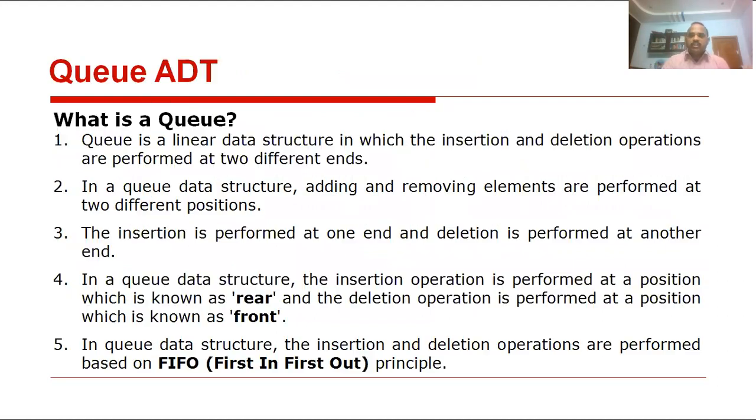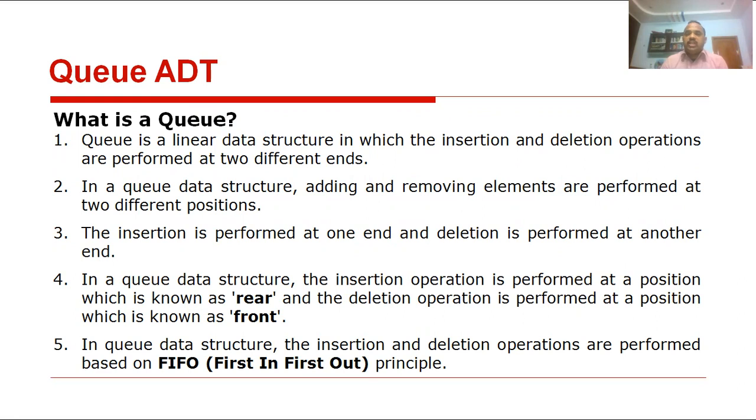Clear? Then the next one is, what is Queue ADT? So today's class, all of you clear? Come here, all of you. Today's class is queues. Simply, what is a queue? What is Queue ADT? ADT means abstract data type. Am I right or not?